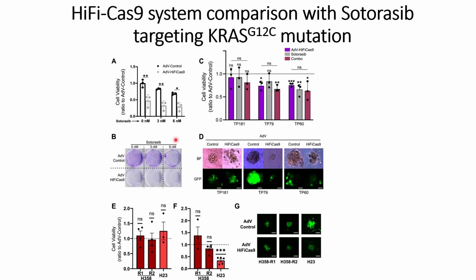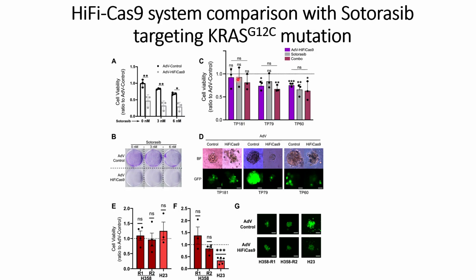The quantification of these results in terms of cell viability with respect to the adeno control, that is adeno-associated virus without any HiFi Cas9 system, is plotted in panel C. TP181, TP79, and TP60 represent different patient derived xenograft samples.